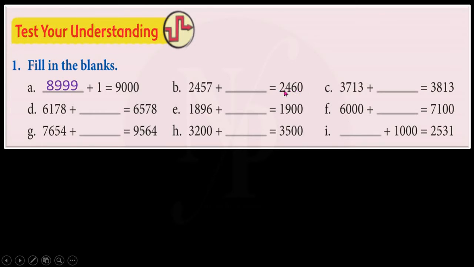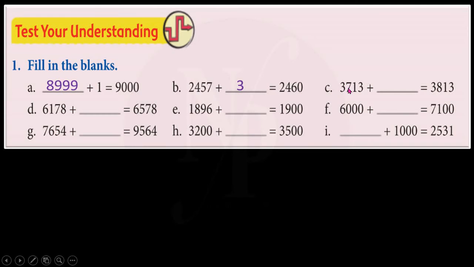See here, 2,460 is 3 more than 2,457. So the number you should write here is 3. So if you add 3 to 2,457, you will get 2,460.